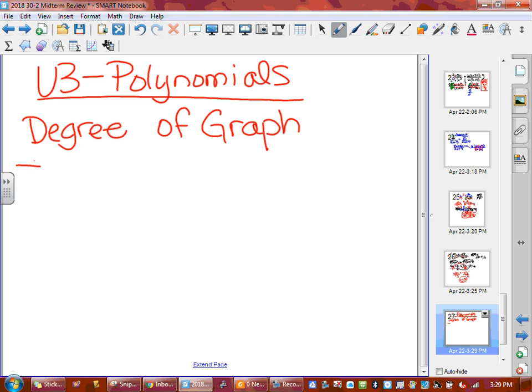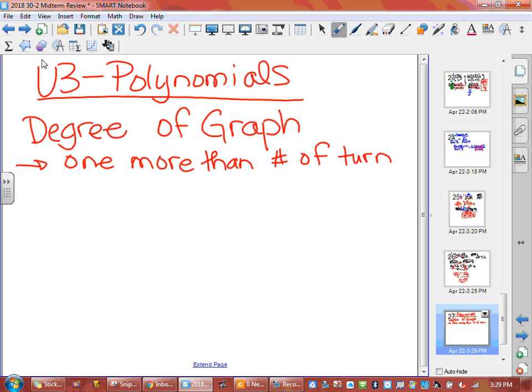Always. So one more than the number of turn points. That rule works for everybody except for a constant graph. Constant graphs are the ones where it's a straight horizontal line, there's no pitch to it at all.